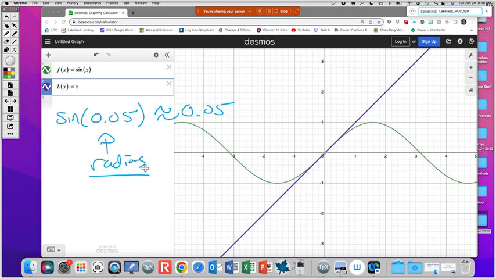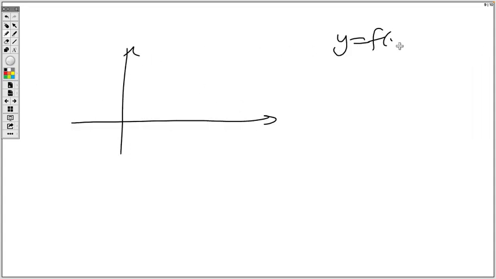So local linearity is a very powerful thing. It can be used to help approximate, but we can also use it to help us make predictions. You follow? Like if I tell you information about a function, here's y equals f of x.